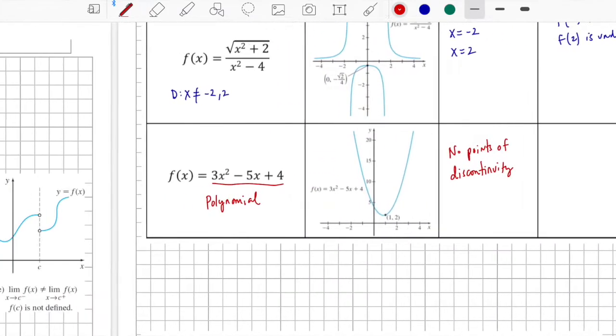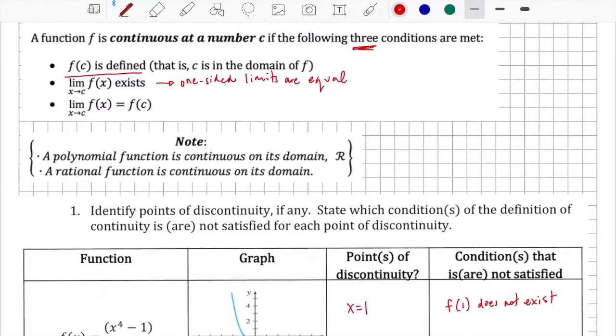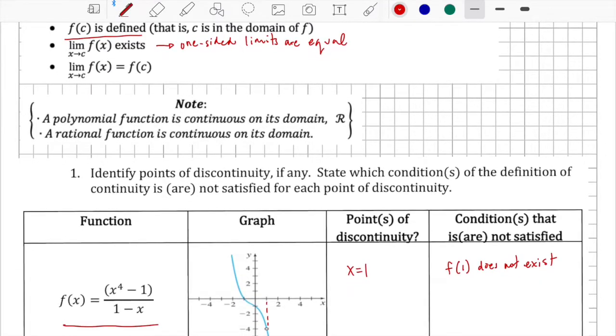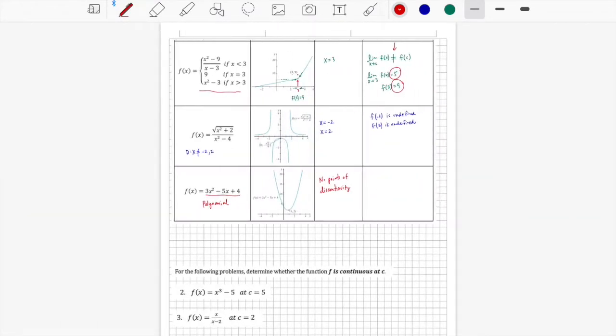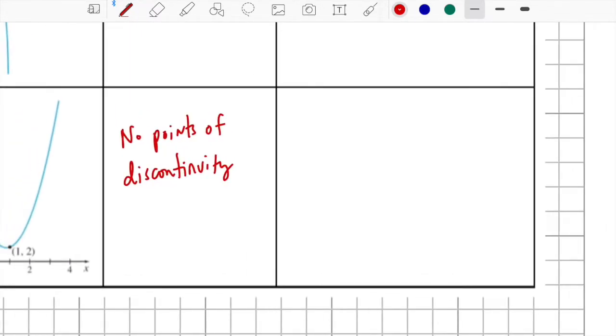And let me go back to see what it said before. Conditions that are satisfied or not. Well, the conditions are all of them. We can say f of c is defined.